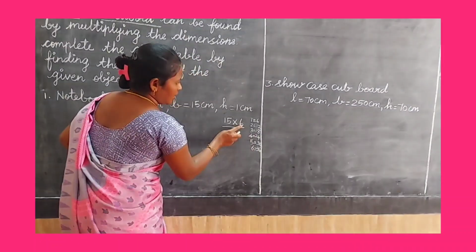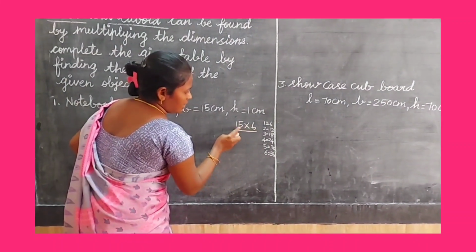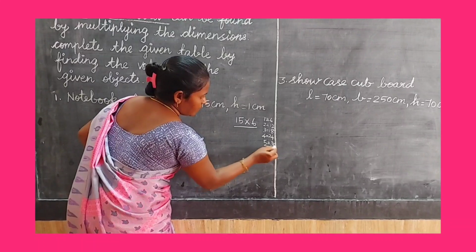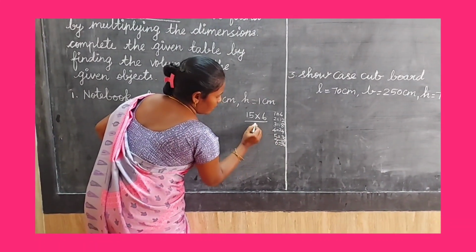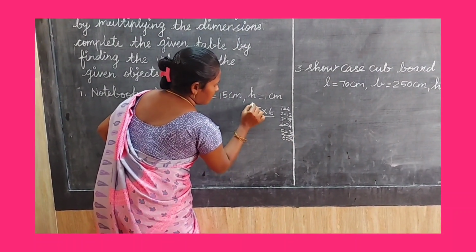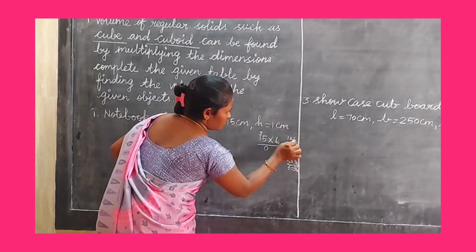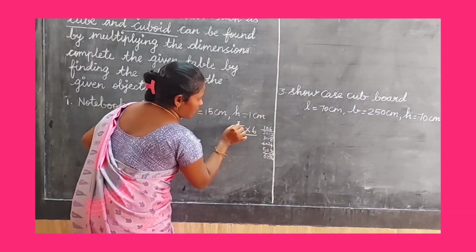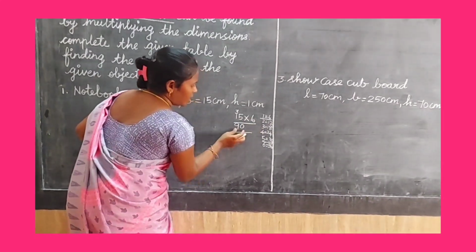First we multiply 6 into 5. 6 5s are 30. So in 30, the ones place value 0 we have to write down. The tens place value 3 we have to carry to the next digit. Next is 6 ones, the value is 6. So 6 plus 3 we add, the value is 9, so 90. So 15 6s are 90.